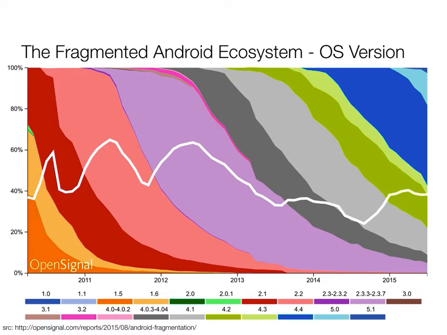And then one of the biggest reasons why you want to support these minimum APIs is, first of all, not everyone stays up to date with their software. I'm sure several of you have been guilty of not updating your software. But also the ecosystem is fragmented.